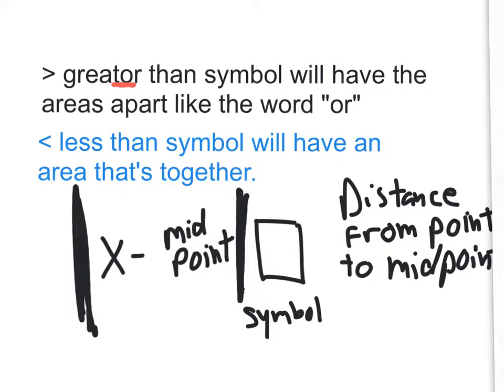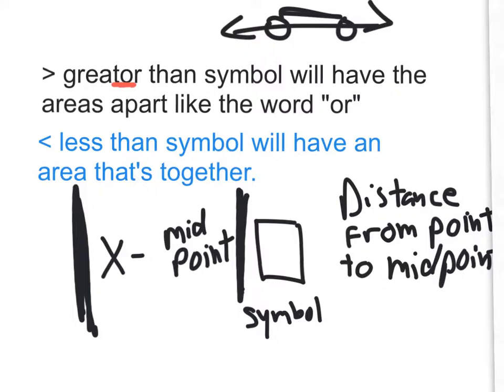Now we said that the number line that we had over there was talking about an area that's together, so it's going to be a less than symbol right in here. And if they're open dots, it's just less than. If they were solid dots, it'd be less than or equal to. But anyways, you need to find out what the midpoint is and plug it into this absolute value format with the less than symbol because the areas are together. And you want to find the distance from a point to the midpoint.